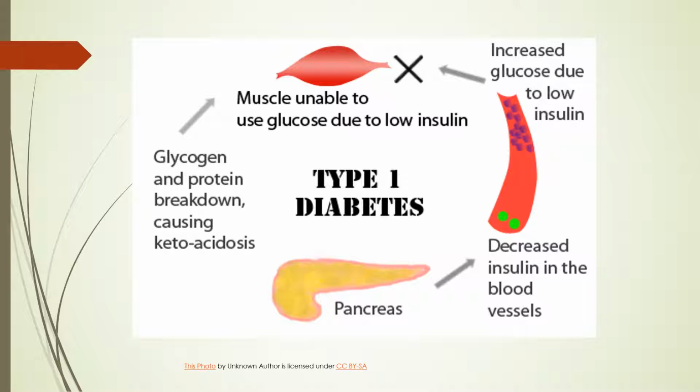Then your body's going to break down glycogen and protein, causing what is called ketoacidosis. That's making the diabetic's blood more acidotic, so they're not maintaining their pH levels. If that happens, you might notice a fruity odor on their breath, and they're also going to have increased thirst.